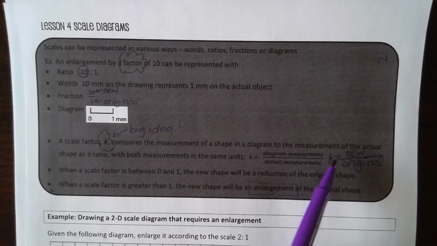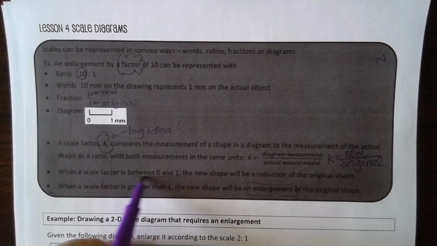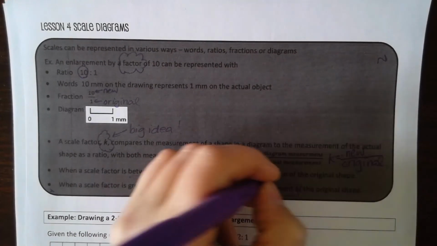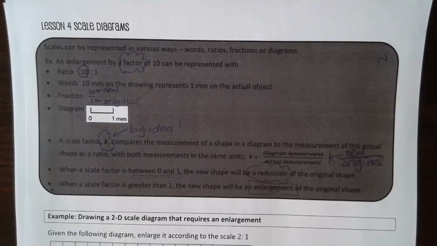However, if the dimensions of the new thing are smaller than the original thing, then K will be between 0 and 1. It's a fraction or a decimal, and we're looking at a reduction of the original shape. All right, so what I really hope you get out of the next couple of lessons is how to calculate K. That's the big concept here.